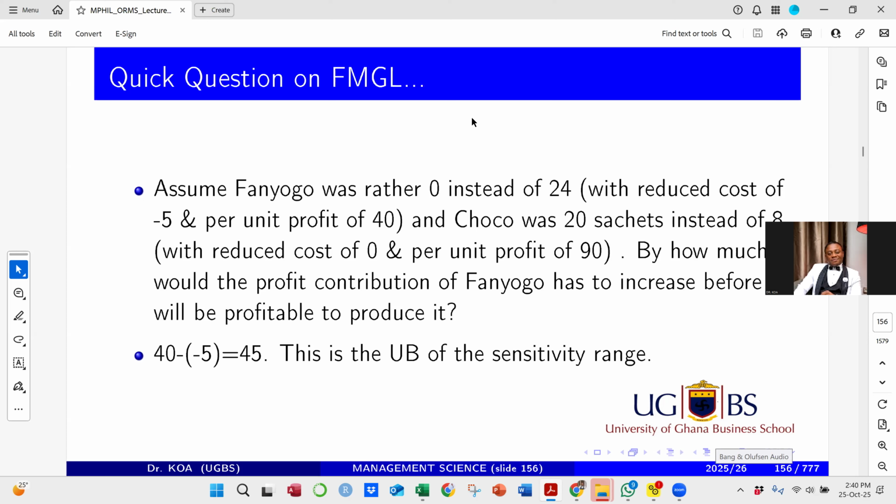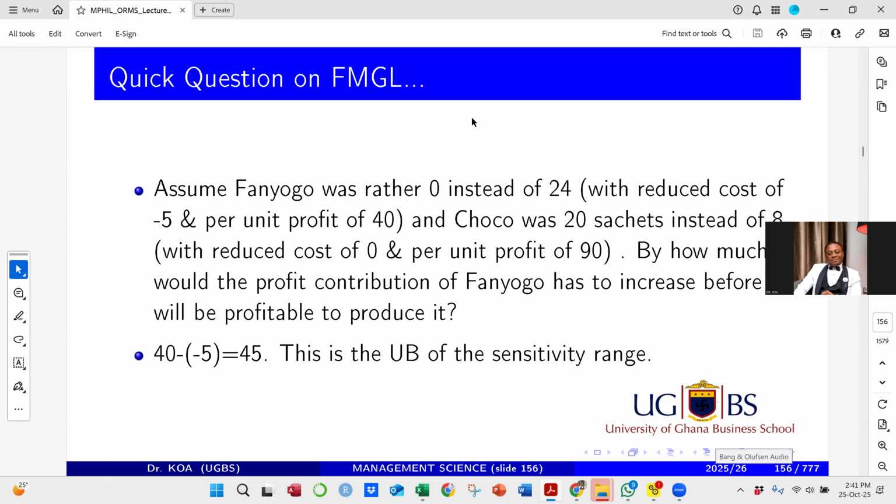The minimum profit contribution of a variable that is not yet being produced, that is required for that non-producible product to be produced, is the upper bound of the sensitivity range.